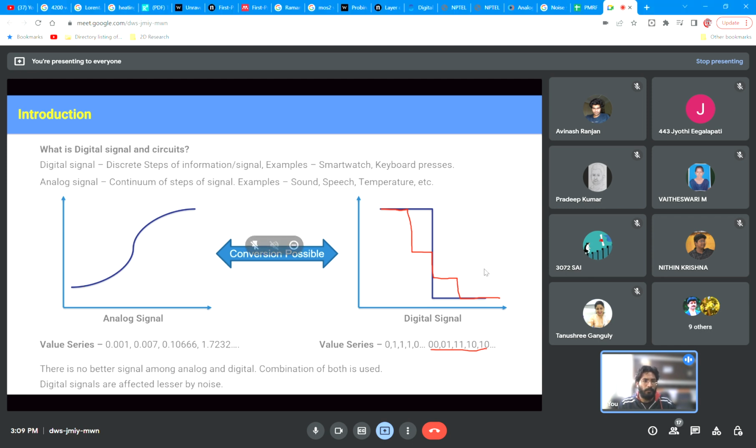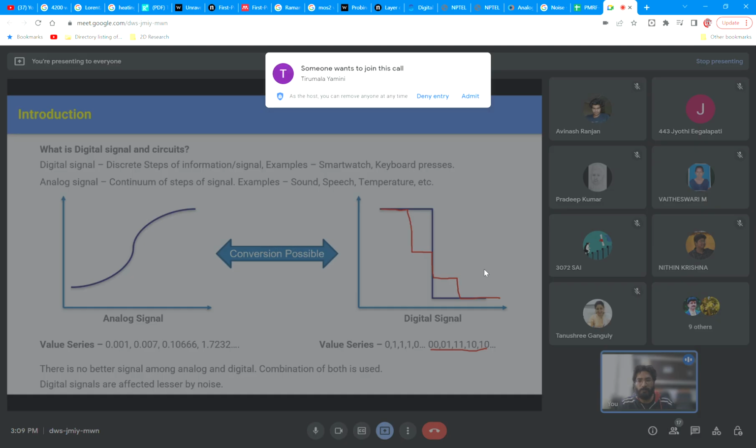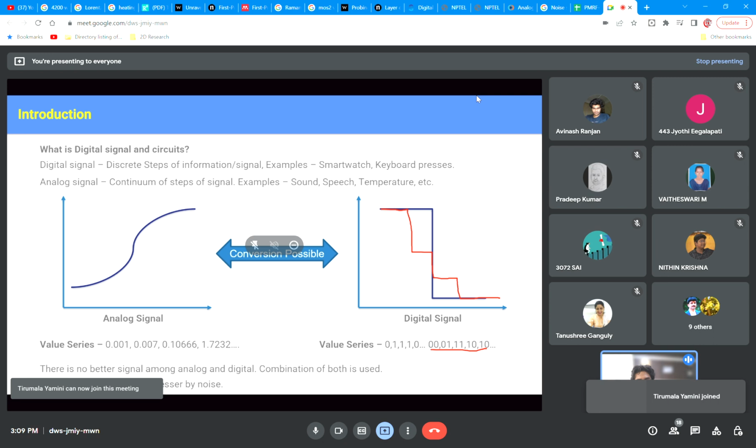Why do you think we need these conversions between analog and digital? Anyone else than Avinash? He's already participating, so I would like someone else to speak up.